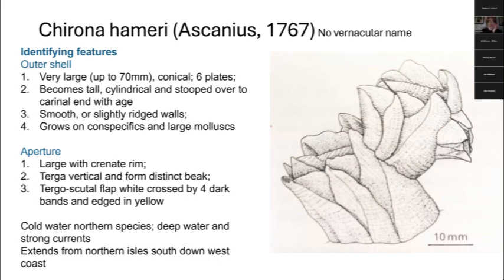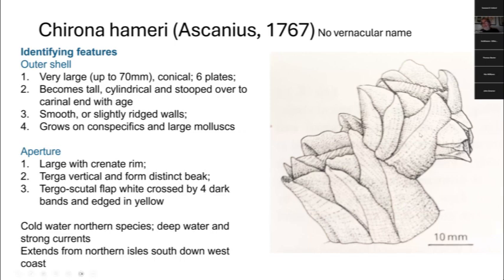It's a tall conical barnacle initially, made of six plates. But as it grows, you can see here, it grows in a cylindrical manner rather than narrowing to a volcano-pointy top. It stays cylindrical, and it often, in the process, stoops over to the carinal end with age as well, as you can see in these barnacles here.